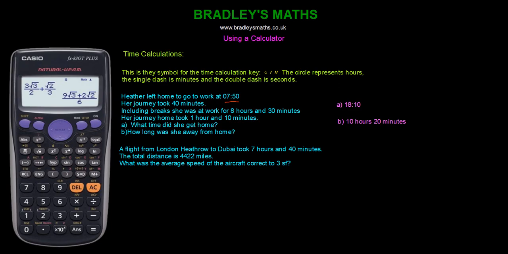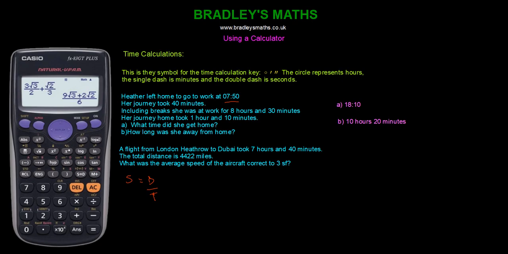Okay, this is a speed, distance, time calculation, and we haven't done speed, distance, time yet, but you might well have done it in physics. I'm going to tell you that speed equals distance divided by time. Our distance is 4,422 miles and our time is 7 hours and 40 minutes.